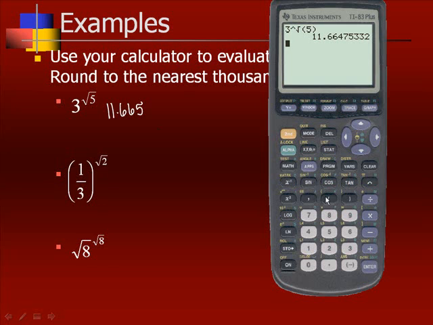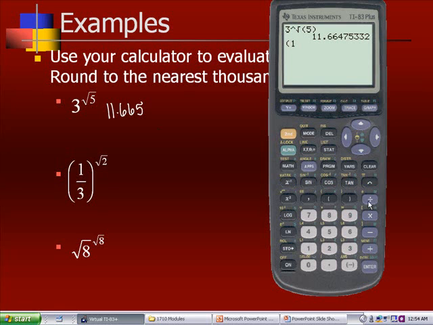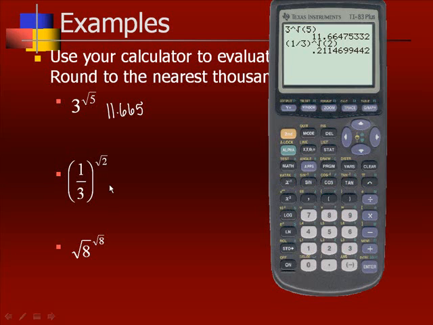1/3 to the square root of 2. So in parentheses, 1/3, close the parentheses, to the power of the square root of 2, and we get 0.21146, or to the nearest thousandth would be 0.211.